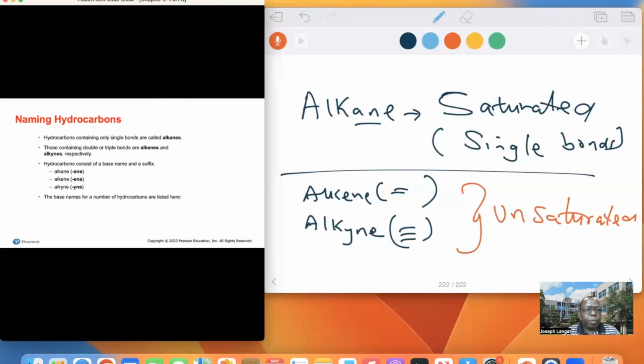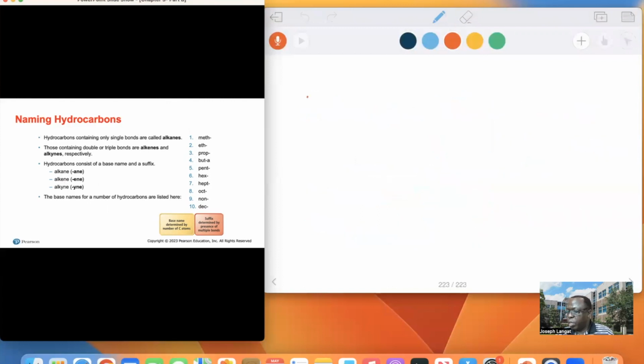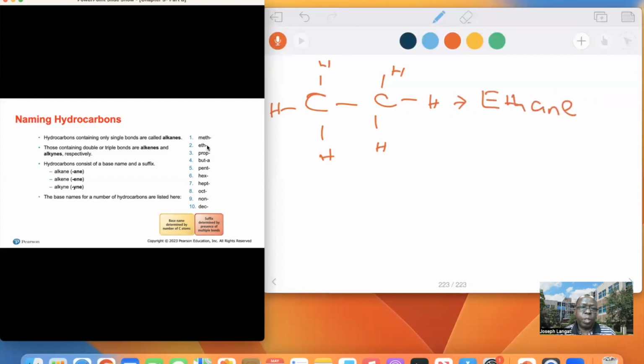The base names for a number of hydrocarbons are listed here. One carbon is meth-. If it is just C with single bonds, remember carbon forms four bonds, so here, here, here, here, we call this methane. I want you to see the -ane ending with the base name.